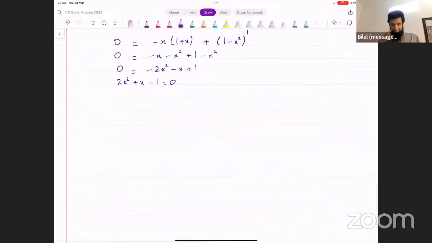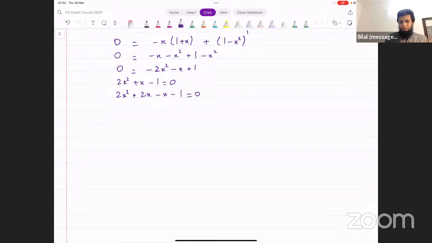Can we factorize this? Yeah, we can. So it becomes 2x squared plus 2x minus x minus 1 equals 0. And we get two factors, 2x minus 1 and x plus 1, which means x either equals 1 over 2 or x equals minus 1.